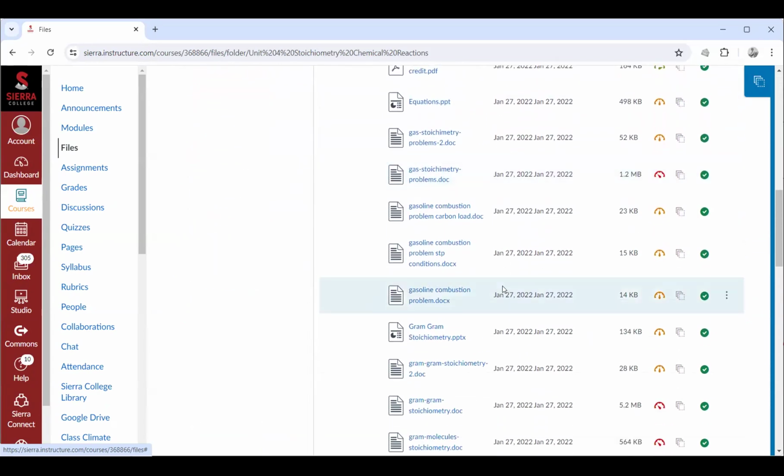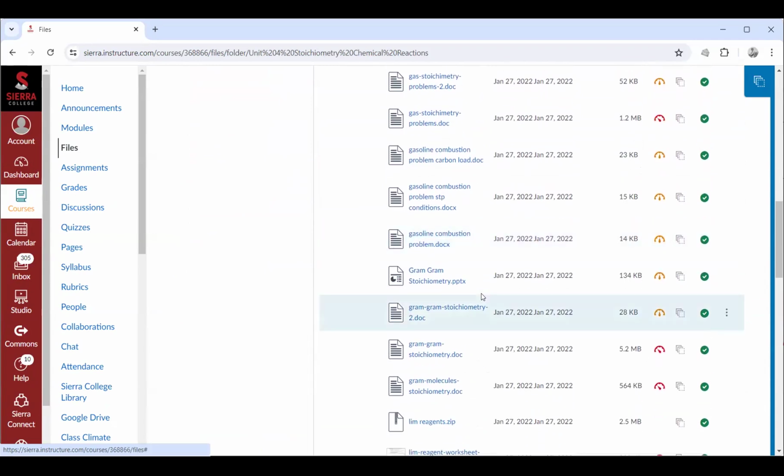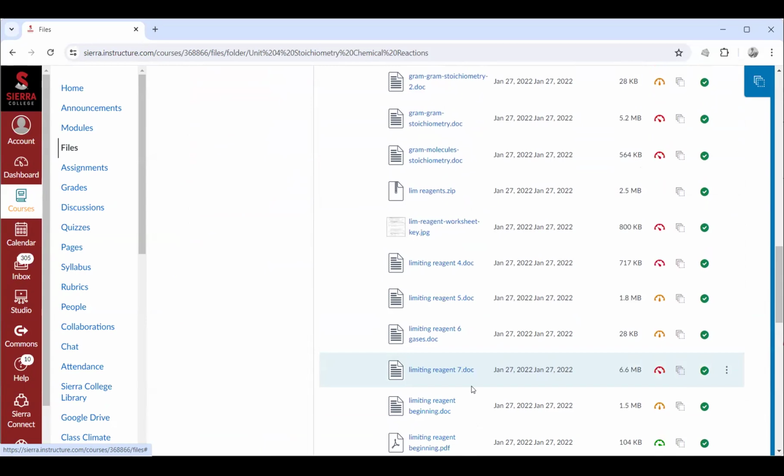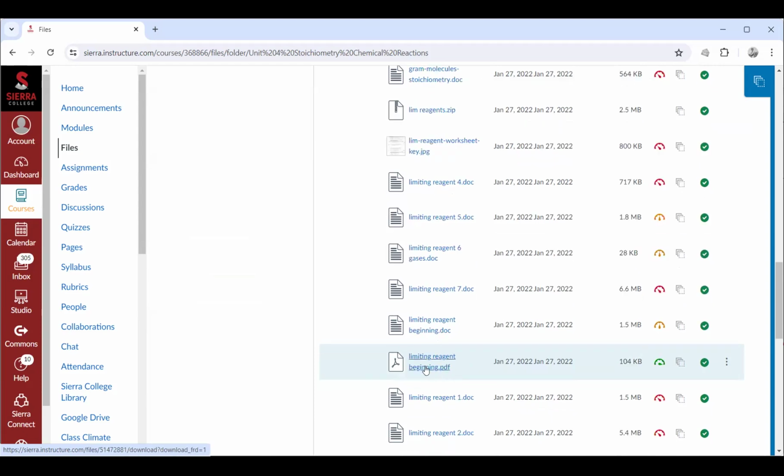Some are on equation balancing, gasoline combustion, gram to gram stoichiometry. What I mean by that is you start with grams, end with grams. Gram molecular stoichiometry. These are all worksheets. And I've got a bunch of limiting reagent or limiting reactant worksheets also. Limiting reagent beginning would be a good one to start on if you want more practice. But tomorrow we're going to go into this again.